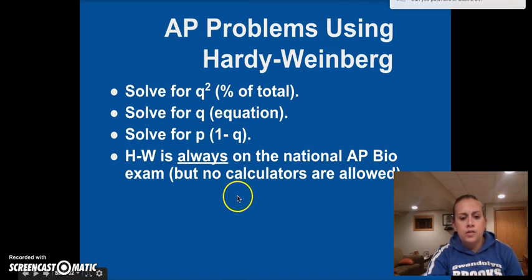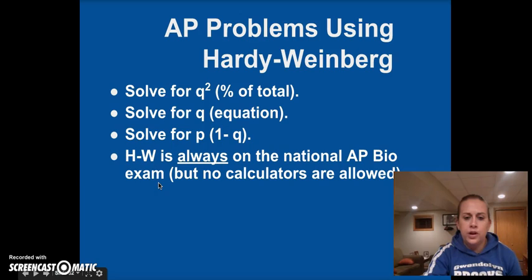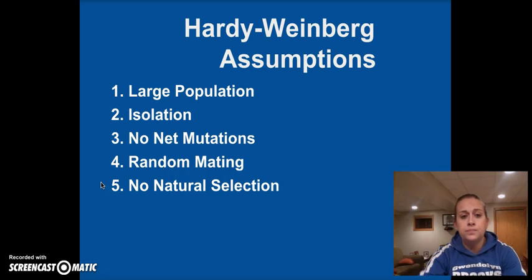Now, the other thing, this is not completely correct. So calculators were not allowed on the prior AP exam. You can have calculators, but they are simple four-function calculators, all right? But Hardy-Weinberg is pretty much always on the National AP Bio exam, so just make sure you're ready for it.